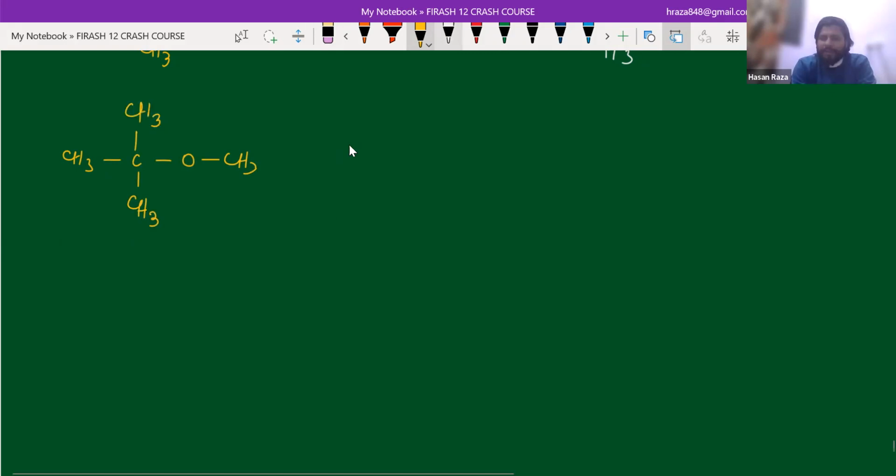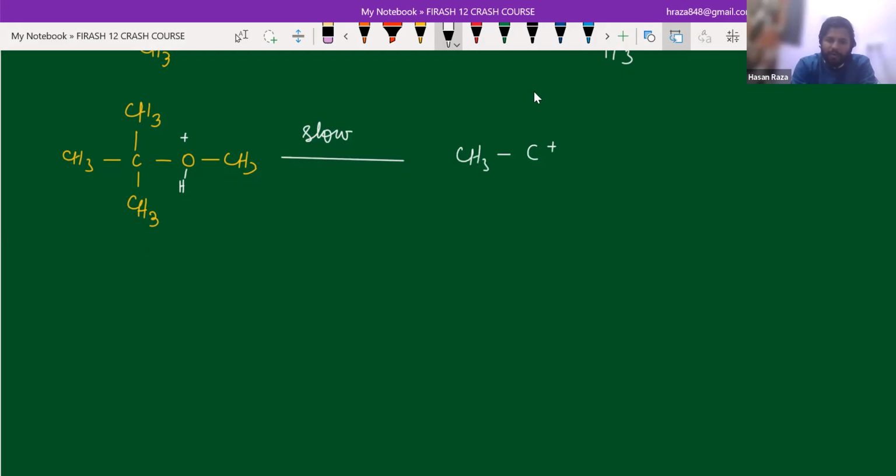Since the reaction took place in acid HI, H plus will come here and oxygen will bond with the H plus, and there will be a positive charge; this step is basically slow. This is the mechanism you can see, and this will be CH3 and then C plus and then CH3, as well as another CH3. How did this carbocation form? In order to satisfy itself, oxygen will take electrons from carbon and there will be formation of carbocation.